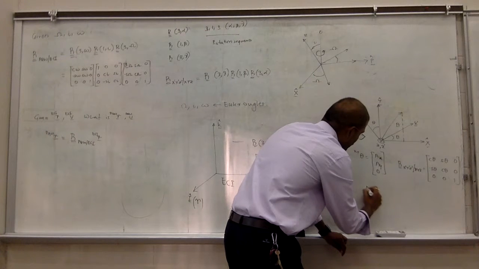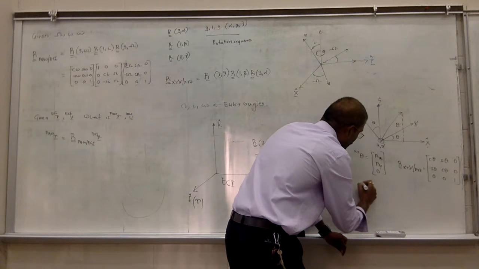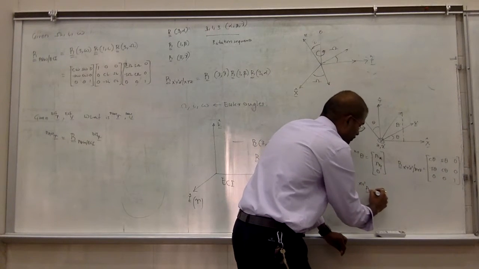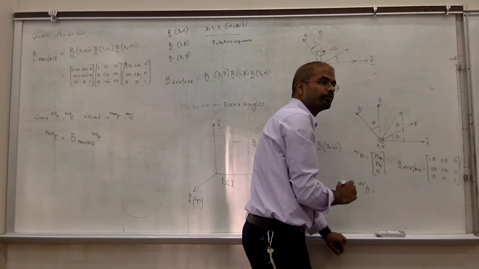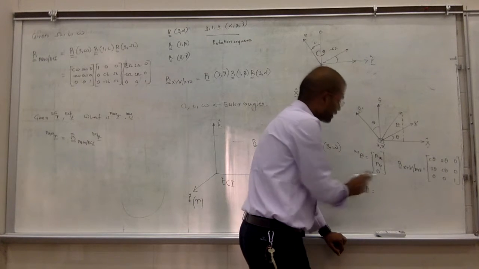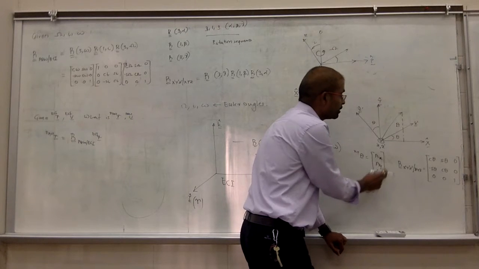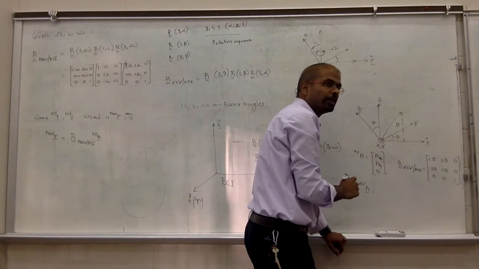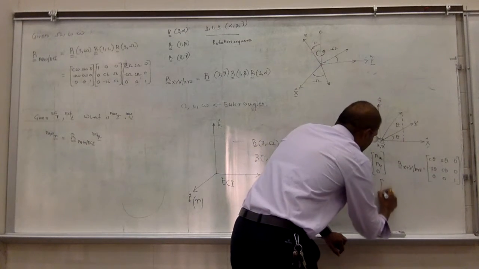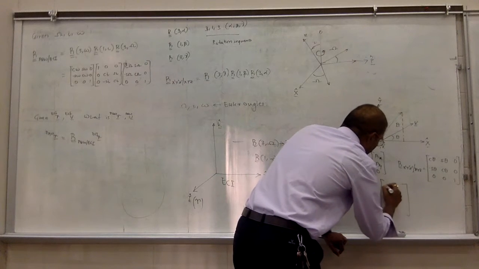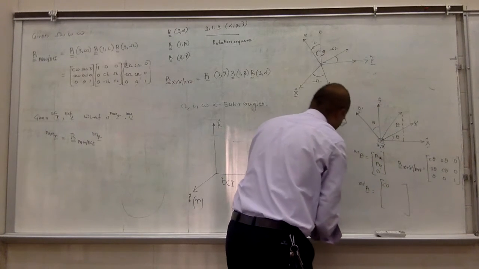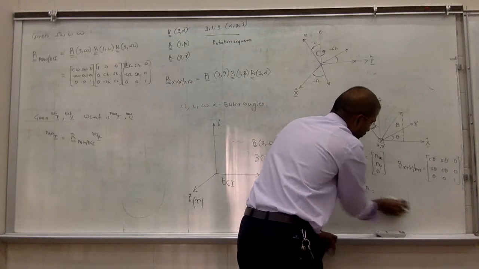Okay. What is this now? A x y, x prime y prime. This same vector expressed in another frame is this. So what I do is I write this here. Now just be with me here.